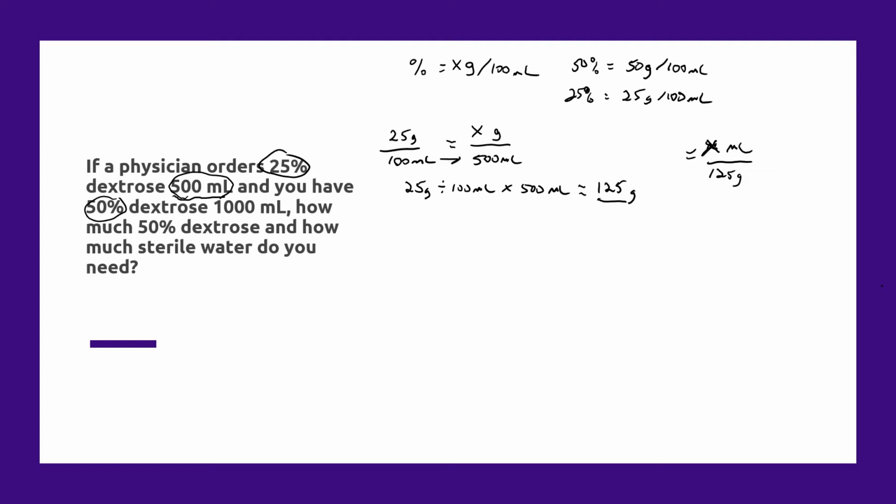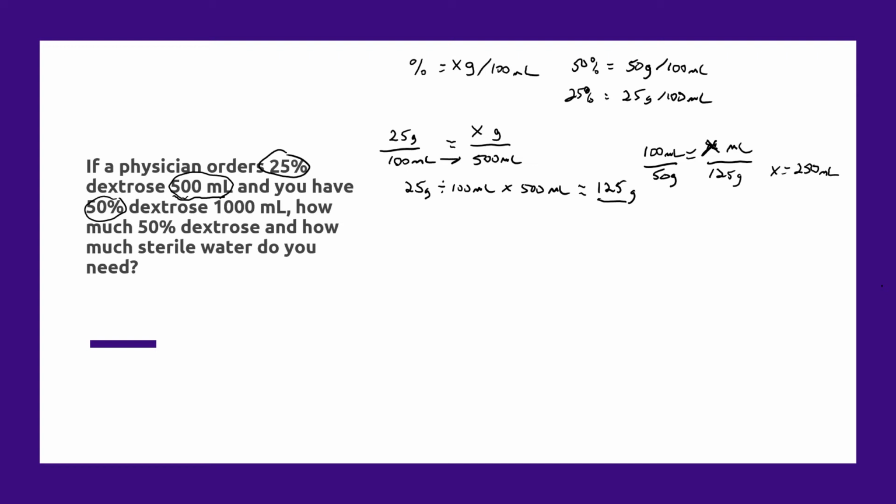And our known concentration is 50 grams per 100 milliliters. But we need to make sure the units match, so we're going to flip that. So 100 milliliters over 50 grams. I'm not going to write that out again, but the math here would be 100 milliliters divided by 50 grams, cross-multiplied by that 125 grams. And this X is going to be 250 milliliters.